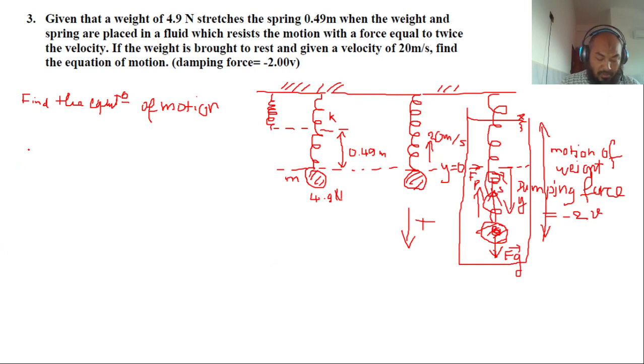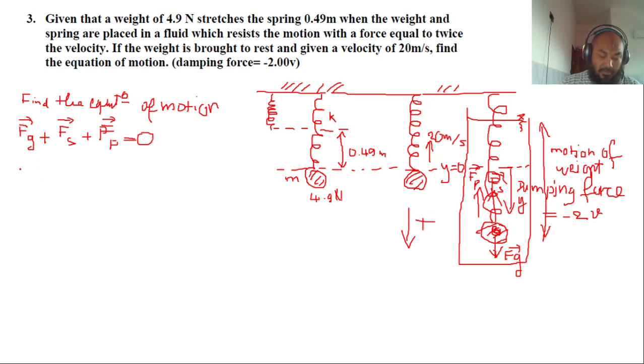According to Newton's law, we have Fg plus Fs plus Fp equal to 0.